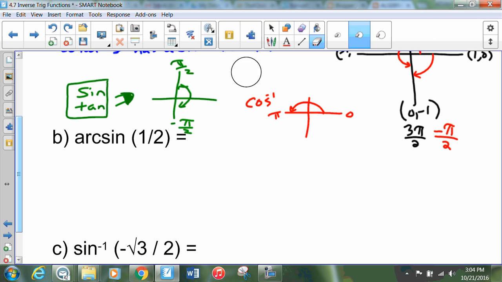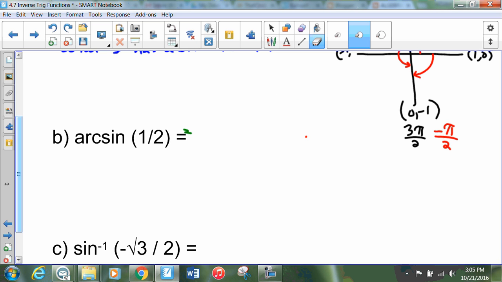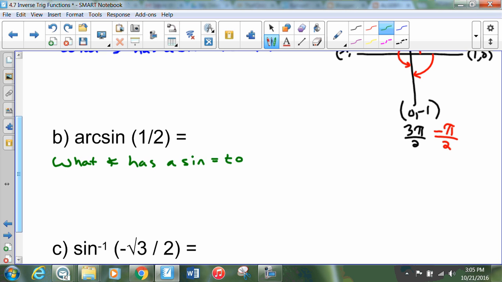Okay, so let's move on to the next one, which is arcsine. So arcsine is the same thing as inverse sine. It's just another way to write it. And it still means the same thing. What angle has a sine equal to 1/2? So I think about the unit circle, and I think about the first quadrant especially.